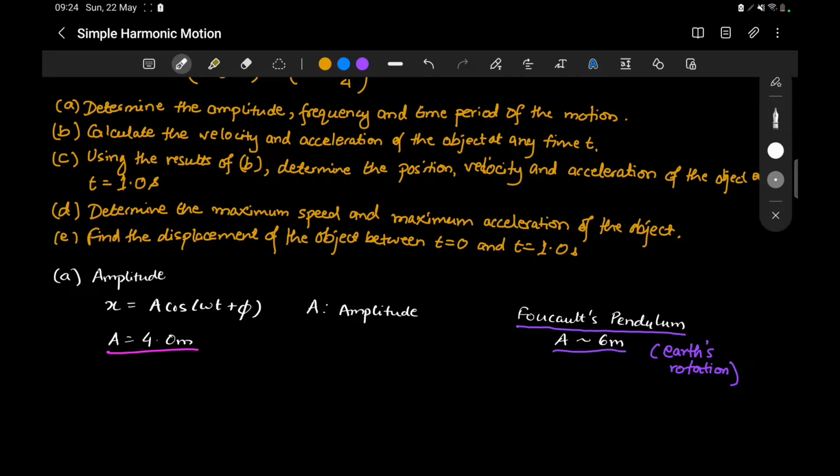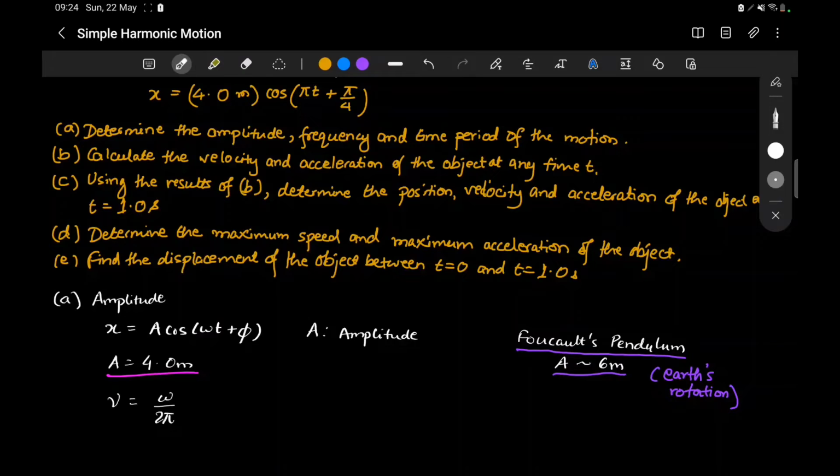Then we are supposed to find the frequency. Now, frequency is omega over 2 pi. In our expression, omega is pi radians per second.